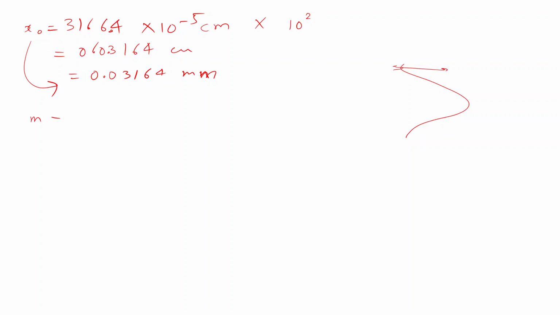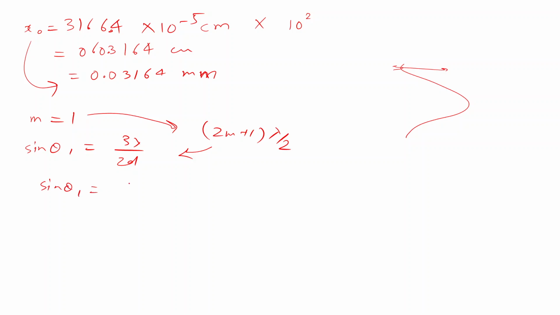Now for the second interference minima, sin theta 1 is equal to 3 lambda by 2d. How? 2m plus 1 lambda by 2 we had, right? For x0 we calculated by keeping m equal to 0. Now when we keep m is equal to 1, it will be 3 lambda by 2. Then sin theta 1 will be x1 by D, so x1 by D is equal to 3 lambda by 2d.